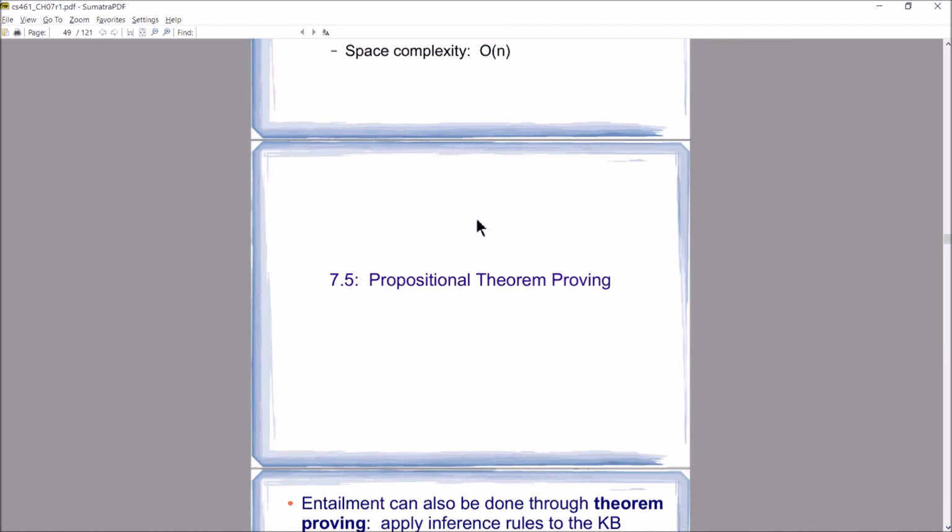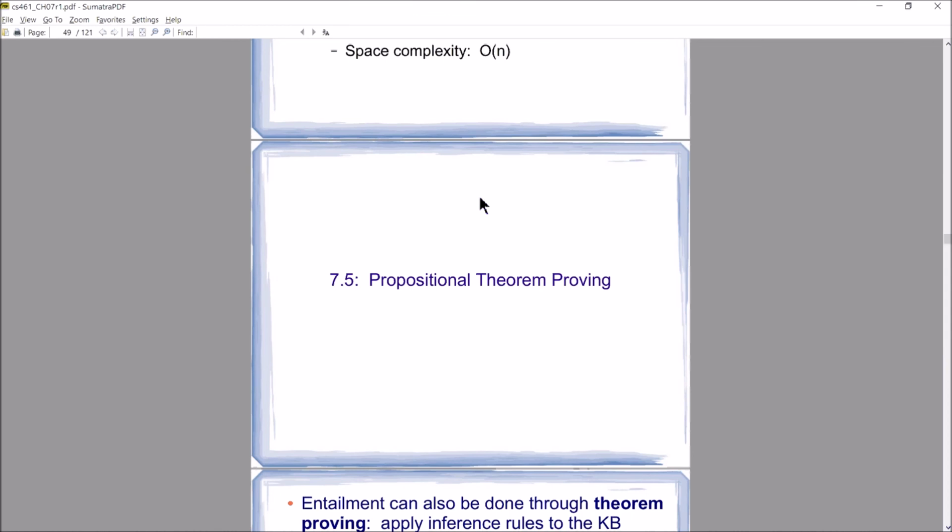Okay, so that's it for that section. Basically, the big idea is, look, you've got these propositional symbols in propositional logic, and you've got these connectives, and a model is just a combination of trues and falses being assigned to these propositional symbols. Those propositional symbols represent something in some environment, in some world.